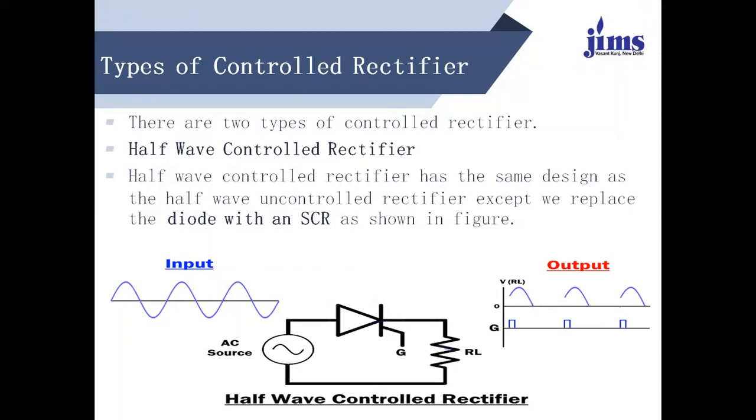Once we again give a gate pulse, the SCR is turned on again. This type of rectifier is called the half-wave controlled rectifier, because we focus only on the positive half of the wave and not on the negative part.